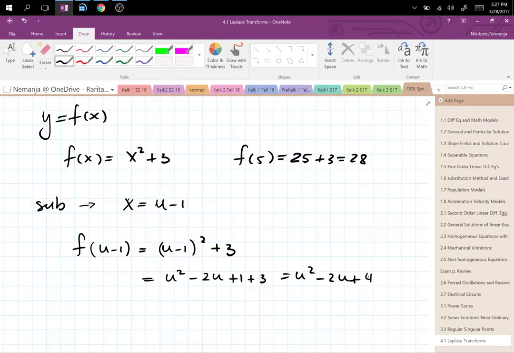So if I have u equals 6, then I am computing 6 squared minus 2 times 6 plus 4, which is 36 minus 12 plus 4, which is 28. So there was this substitution that happened.